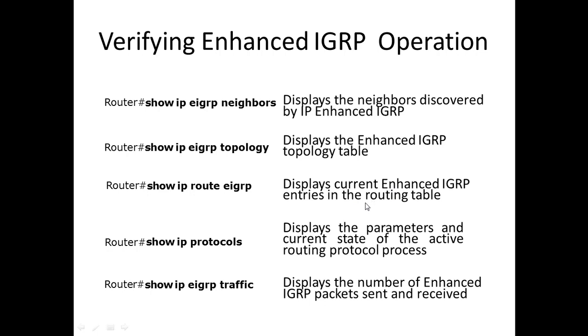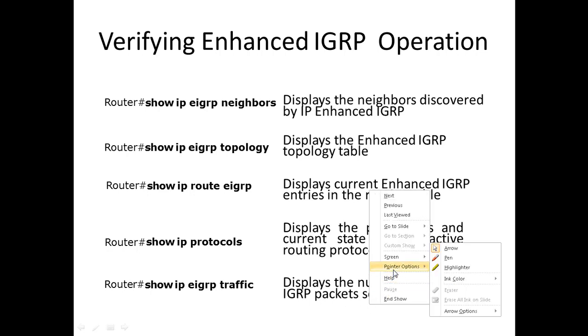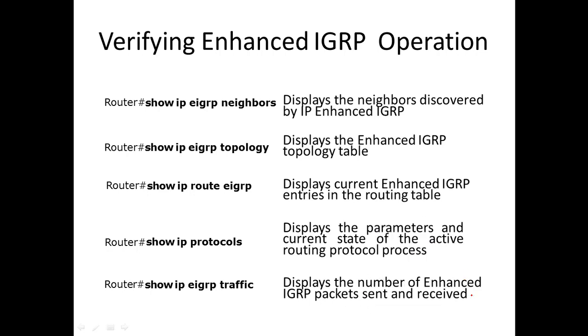After that, there is a display of the parameters and current state of the active routing protocol process. And in the last, you will have to display all the information about the number of enhanced IGRP packets that are sent and received. So this is the major thing that you check at the end, at how you can find the traffic.